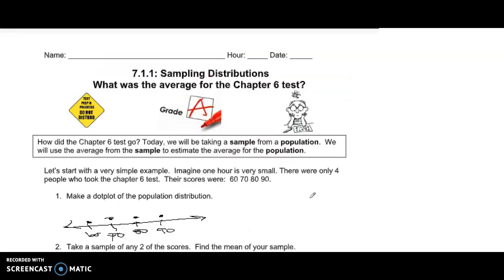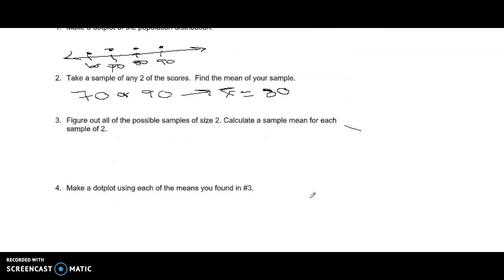Now I want to come up with all of my possible samples of size 2. So you can use your calculator to figure out how many there are, but I'm going to jump right into it by hand.